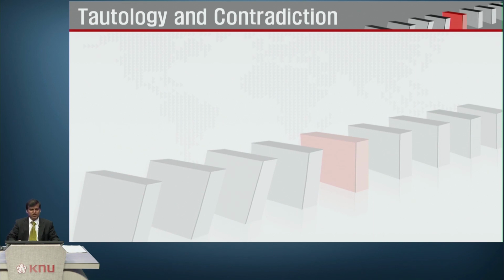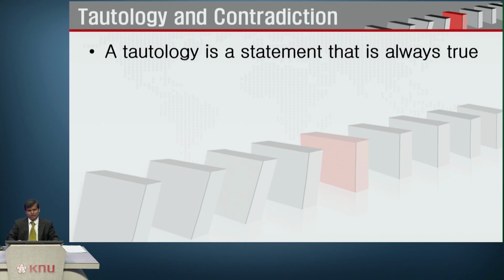So what is a tautology? A tautology is a statement that is always true. No matter what you do, the statement always remains true. It's something like the sun always rises in the east. You can't change that.